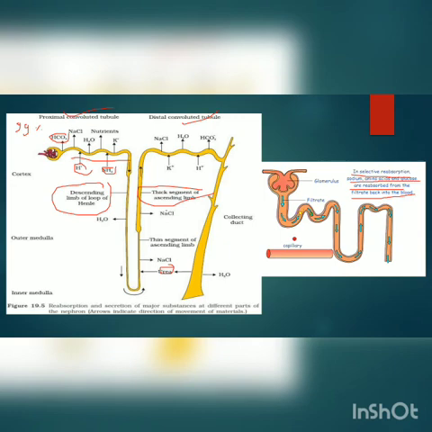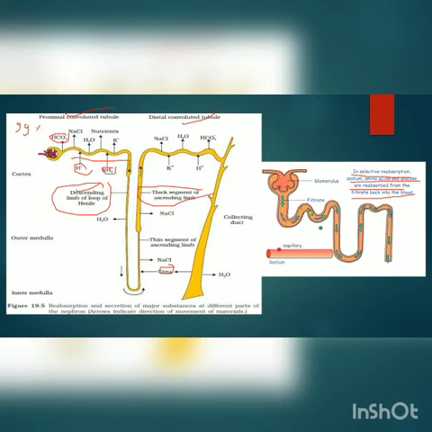The descending limb of loop of Henle is permeable to the water. This is the descending limb. It is permeable to the water. So here the water reabsorption takes place, but it is impermeable to the electrolytes.